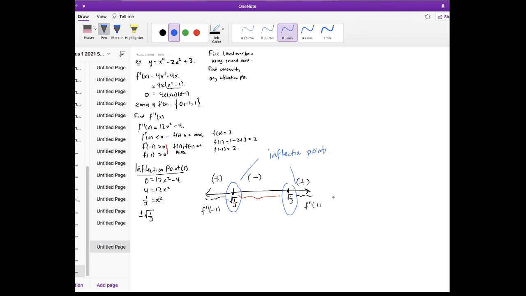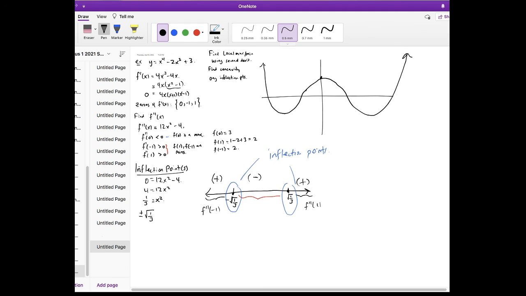Okay, so we could even sketch the graph at this point. It's positive concavity over here, and then it switches to negative concavity, and then it switches to positive concavity.